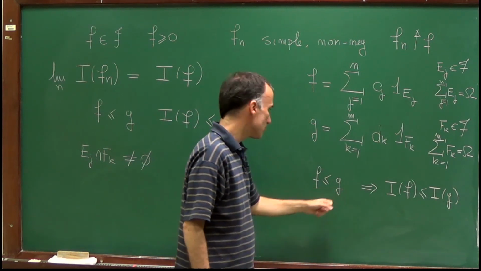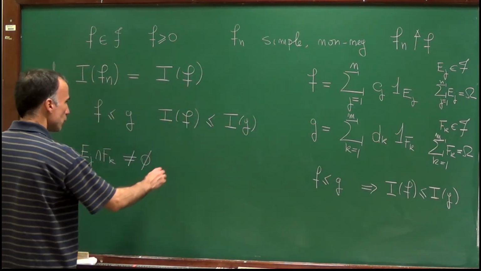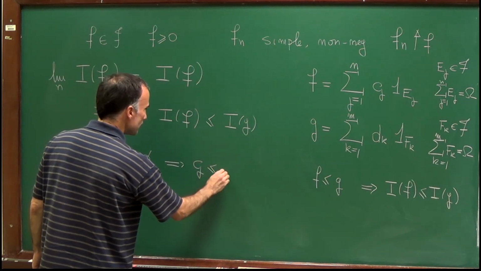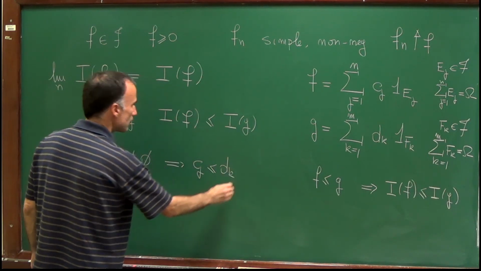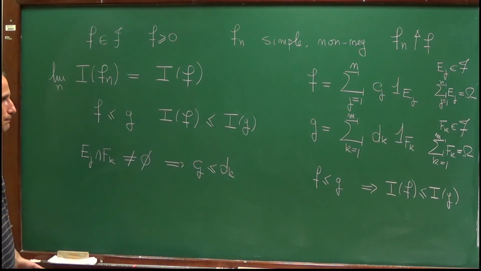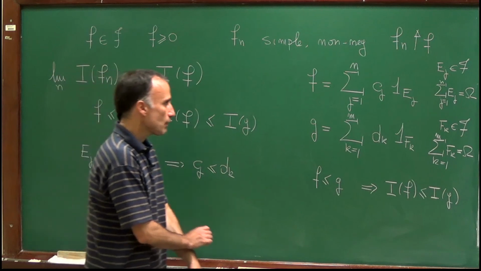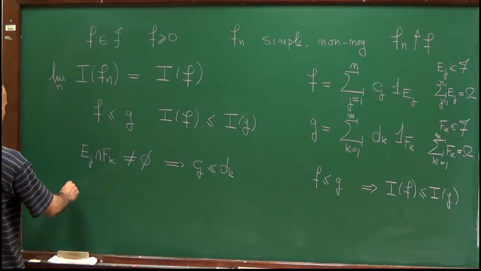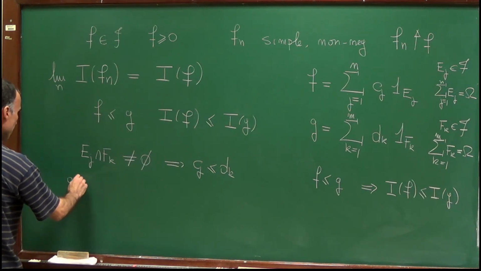Since f is smaller than g, we obtain that in this case c_j is necessarily less than or equal to d_k. Right? Now, we can rewrite g and f.